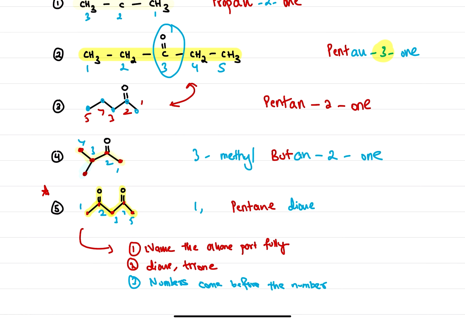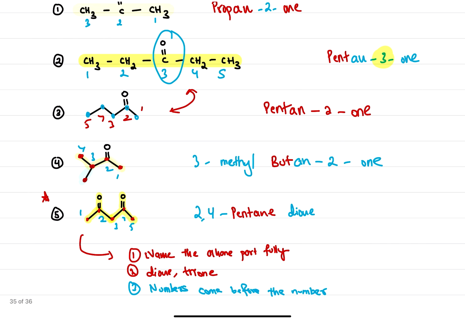So I'm going to say this is 2,4-pentanedione. Once again, this is not usually asked in your exams, but I want you to know it so that in case this does show up in your exam, you know how to solve it. So name the alkane part fully, and then mention how many ketone groups are involved. Dione tells there are 2, and then you give the position of these ketone groups, which is 2, 4, and then the dash, because we always separate the numbers from the letters with dashes.